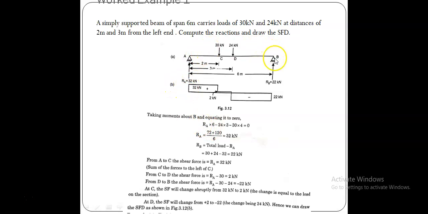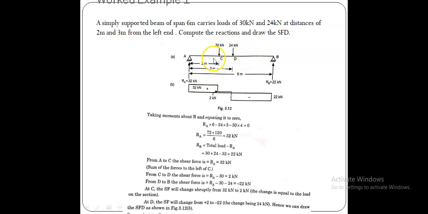RA into 6 induces a clockwise moment, minus 24 into 3, because the remaining distance is 3 meter and it induces an anticlockwise moment, therefore I put the minus sign, and minus 30 into 4, also minus because it induces anticlockwise moment.